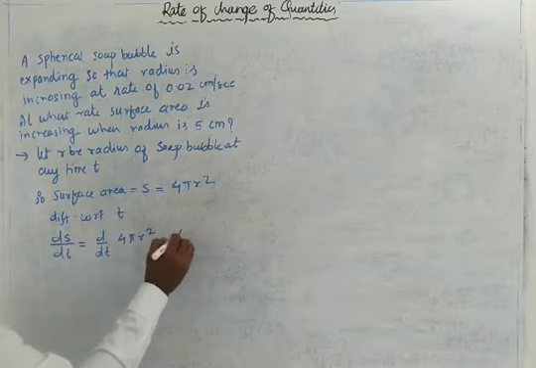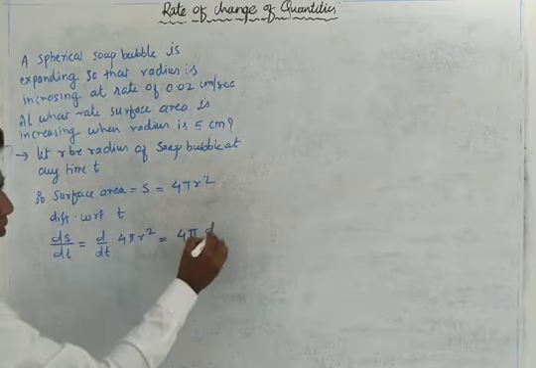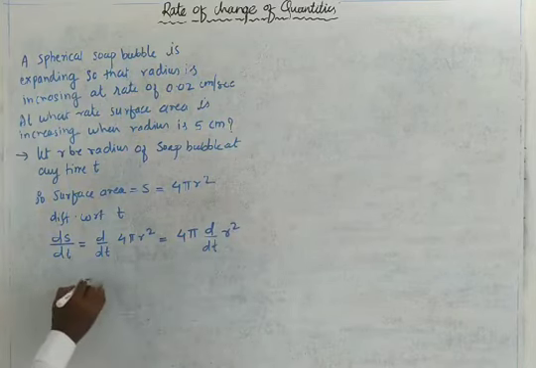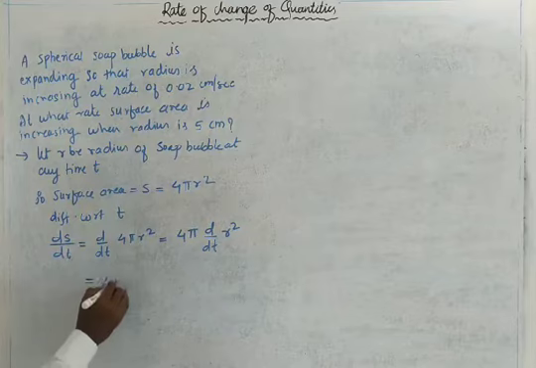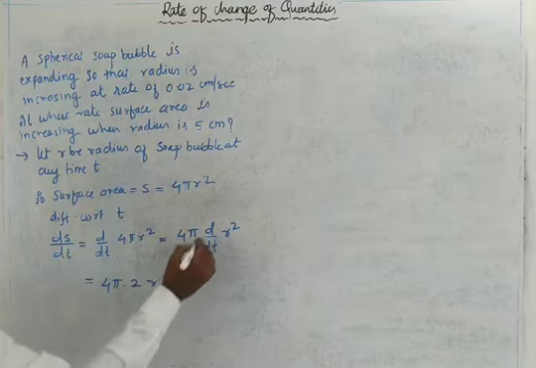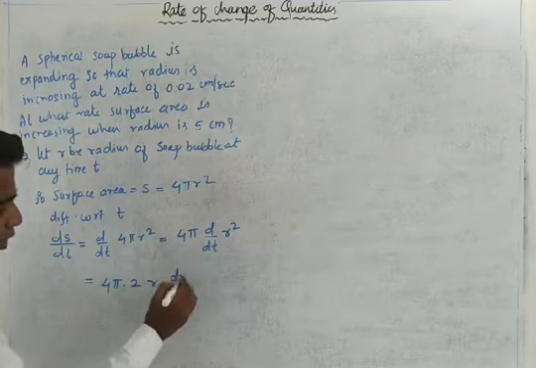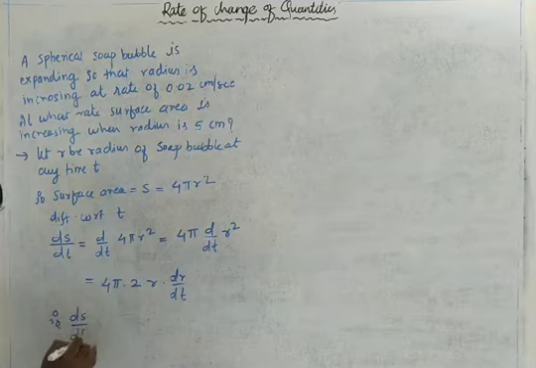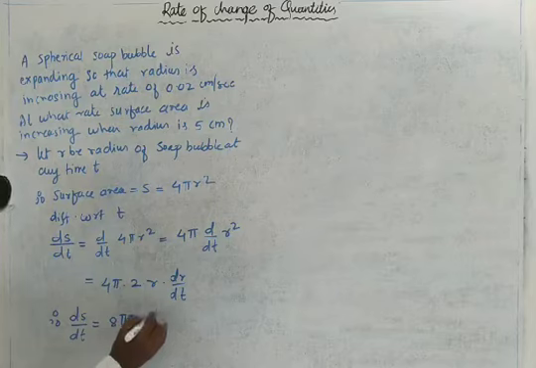Now in that case, 4 pi is a constant term, so we will find the derivative of r square. Now the derivative of square we already did, 2 into r, and the derivative of r, that is the rate of change in radius with respect to time t. Therefore the rate of change in surface area is equal to 8 pi r into dr by dt.